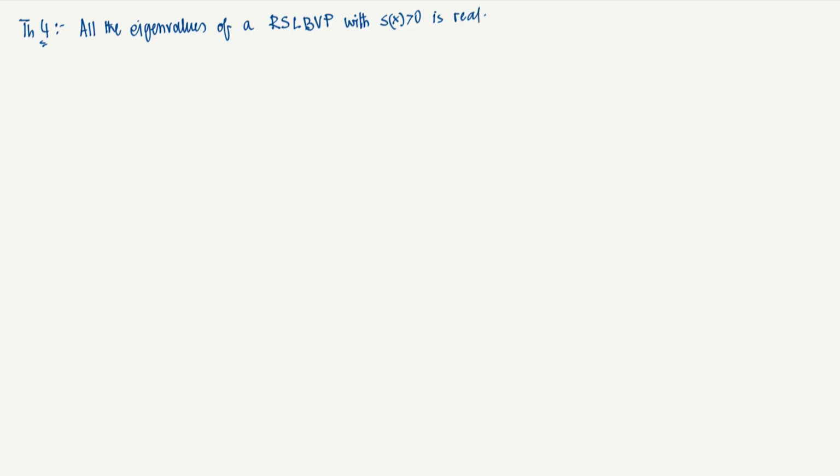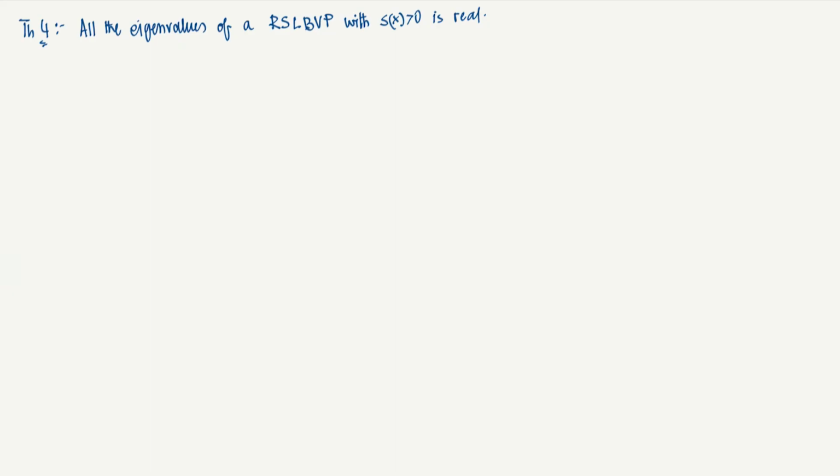If you remember, in the first lecture on Sturm-Liouville problems, we worked out an exercise about when there is an eigenvalue. We checked for positive eigenvalue, negative eigenvalue, and zero eigenvalue, but we did not check for a complex eigenvalue.